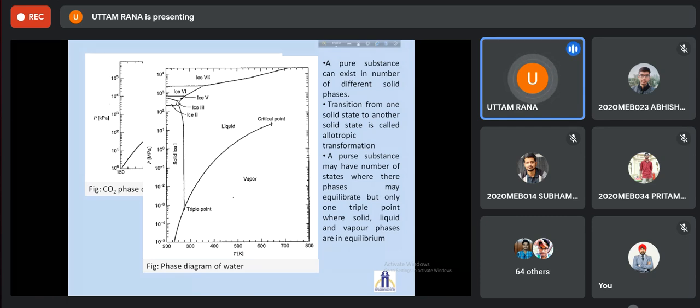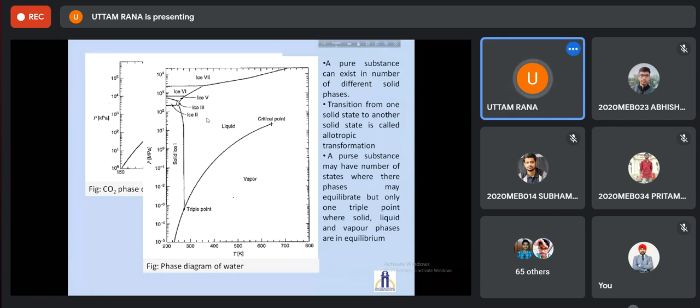Apart from that, there may be triple points where two solid states and one liquid state equilibrate, as in these points here. Or there is another point where three solid states are in equilibrium.